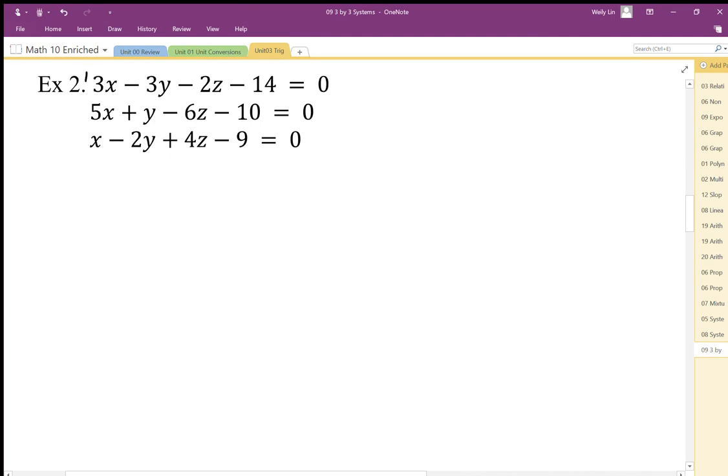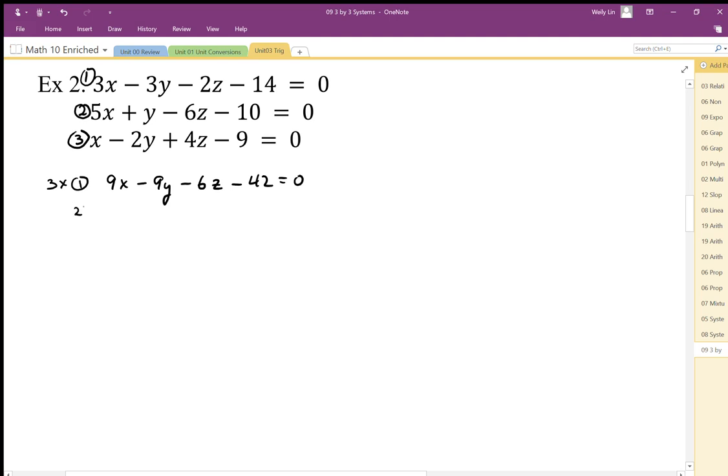Again, I'm just going to number my equations because it is very important to keep track of which equations you're working with. Once you double up equations, you'll end up with all sorts of strange results. So here I'm going to take 3 times equation 1, and I end up with 9x minus 9y minus 6z minus 42 equals 0.